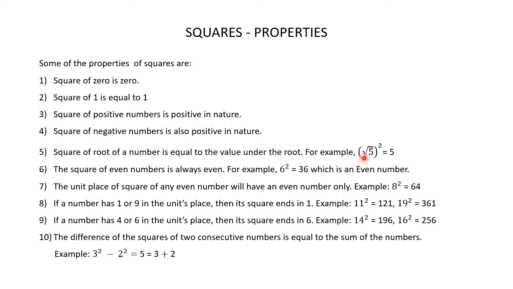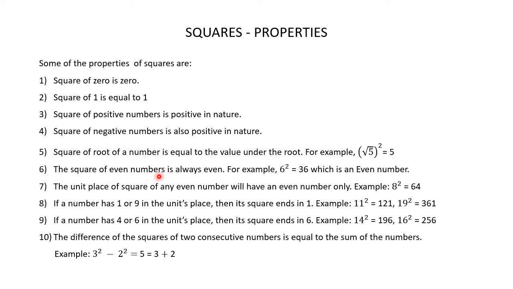So root 5 the whole square is equal to 5. Another example will be root of 6 the whole squared will give you 6 as the answer because 6 is under the root. Here root of 5 the whole squared is 5 because the number 5 is under the root sign.